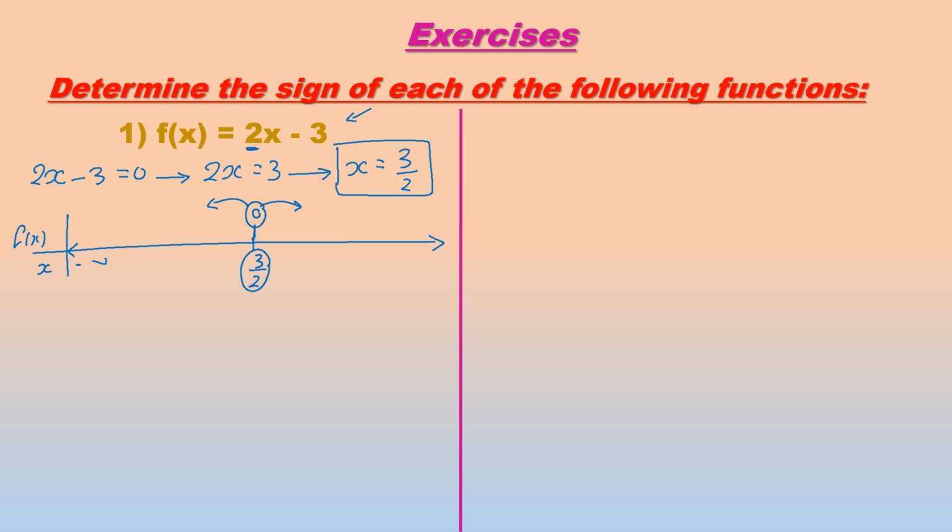That's negative infinity and infinity. So it will be opposite to the sign of x, which is the negative. That's all the negative part. And after 3 over 2 will be what? Will be positive. So f of x is positive at x belongs to what?